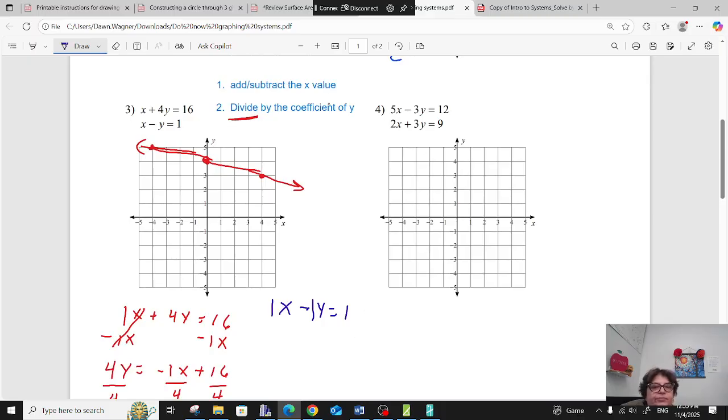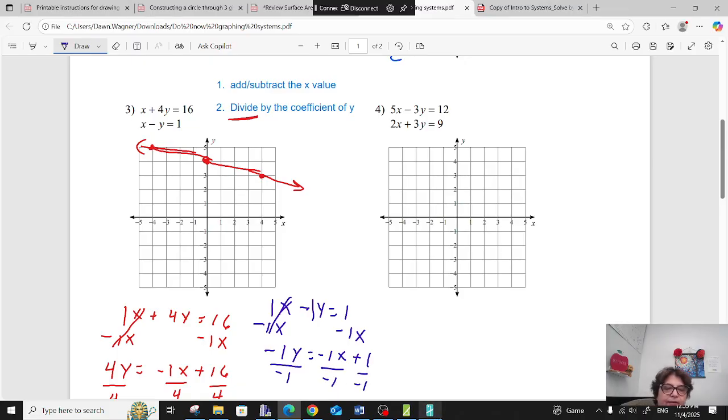I need to add or subtract the x value. Since this is positive and you want to make this 0, you're going to subtract. This cancels. I have negative 1y equals negative 1x plus 1. Now I divide by negative 1 all the way across.